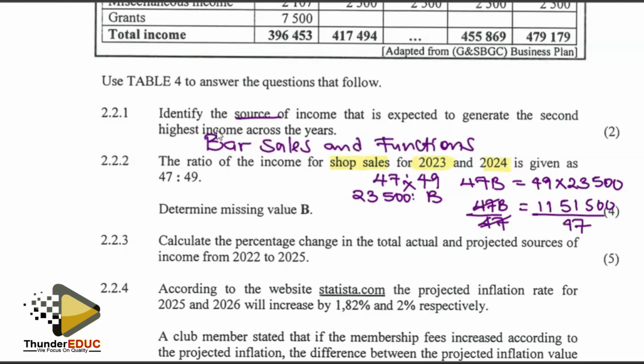This will go with that. So B will equal 24,500. That's the value of B.